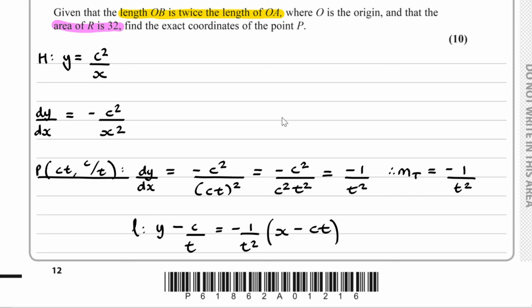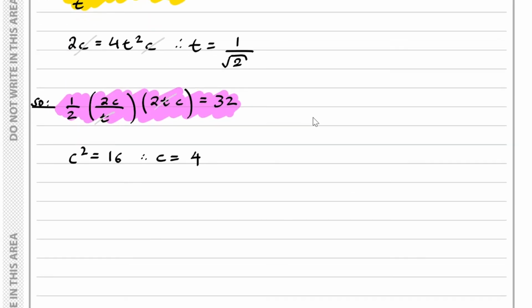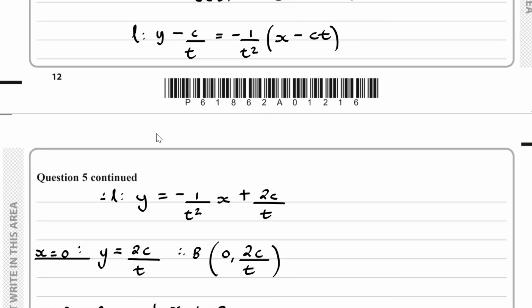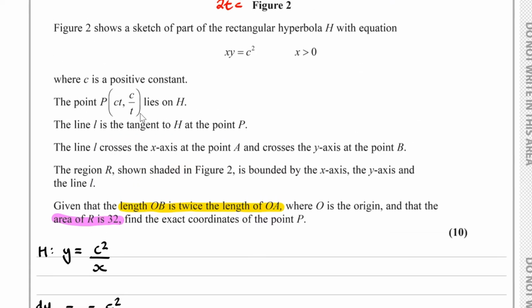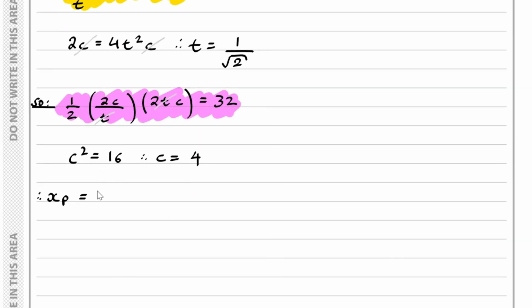And knowing the value of t and c, we can therefore conclude that the x coordinate of P, if we go back to the question, is equal to ct. So we have 4 times 1 over root 2, which is 2 root 2, and the y coordinate of P is equal to c over t.